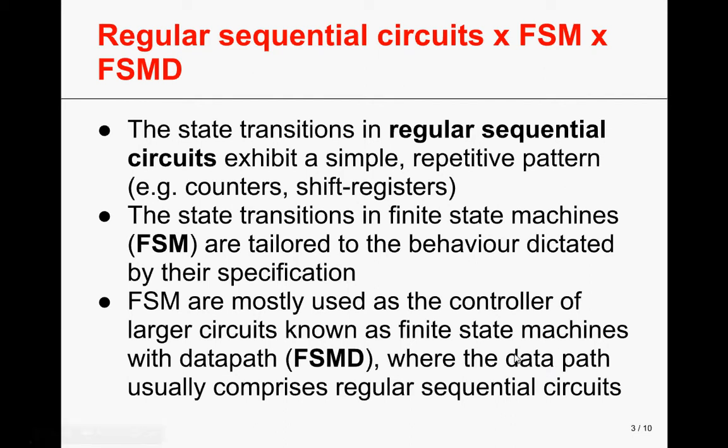Well, a microprocessor architecture might be seen as an example of a finite state machine with data path, and in this case the controller finite state machine is the instruction register and the instruction decode and control unit, and the data path comprises the program counter, the data registers, the arithmetic and logic unit, for example, and all these blocks are controlled by the instruction decode and execution control unit, which is the finite state machine playing the role of the architecture controller.